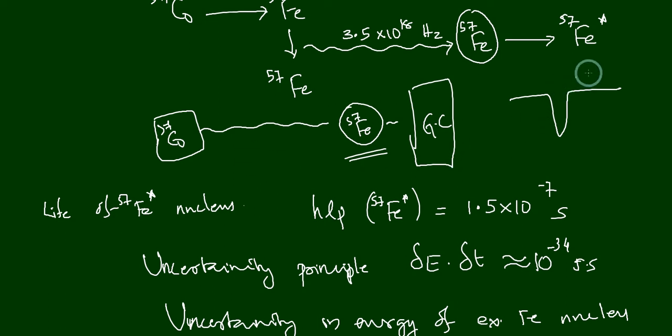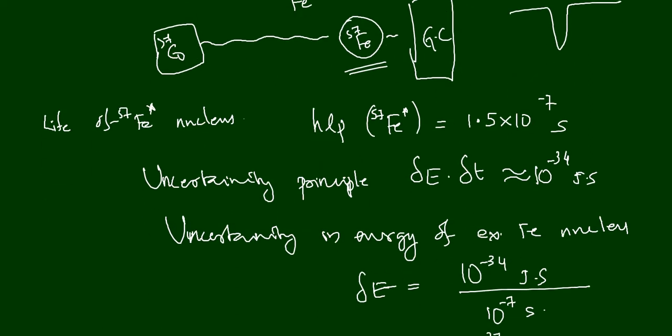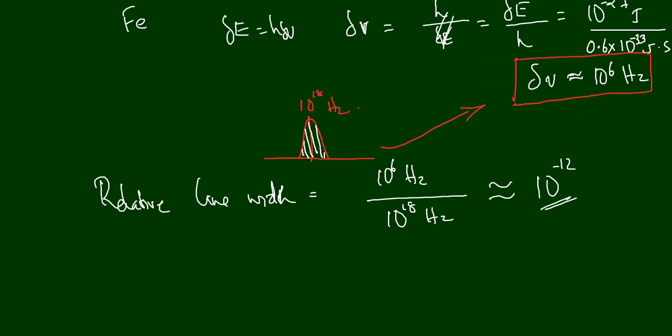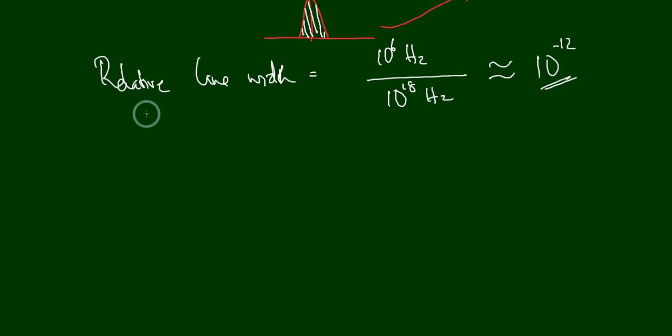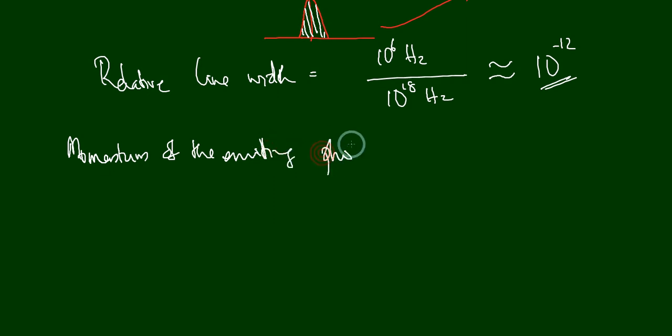We just understood that there is a frequency uncertainty, and now we have to consider the next fact. The next fact is the momentum of the emitting photon. Photon means the gamma ray photon.